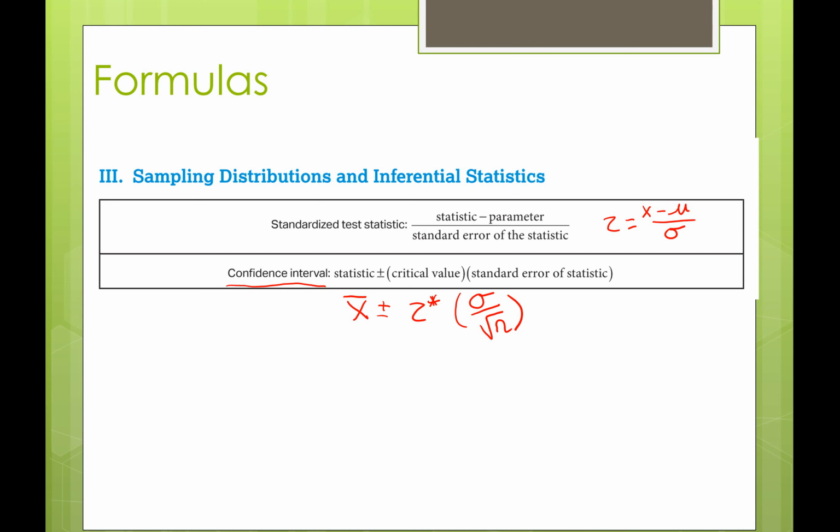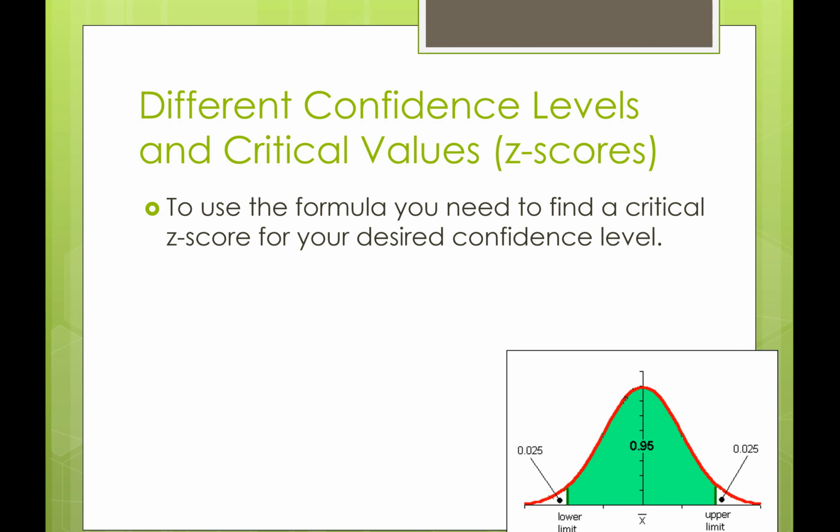So standard error, standard deviation, this is our formula. So let's talk about the Z critical. That you get from doing inverse norm on your calculator. What we're trying to do is our confidence intervals are centered around the mean, and we want to maybe get 95% of our data. We want to make sure we encapsulate 95% of the possible sample means that we could get from our sampling distribution.